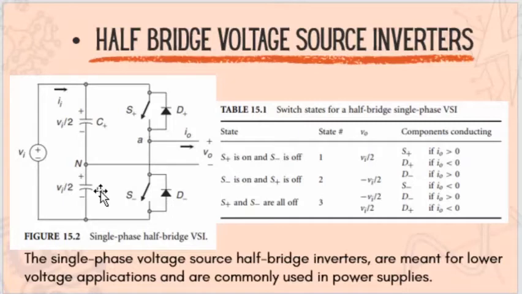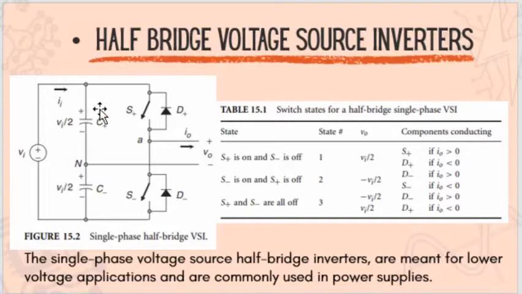It is clear that both switches S1 and S2 cannot be on simultaneously because a short circuit across the DC-link voltage source would be produced. The single-phase voltage source half-bridge inverters are meant for lower voltage applications and are commonly used in power supplies.